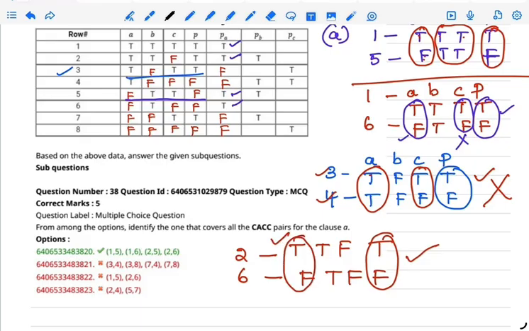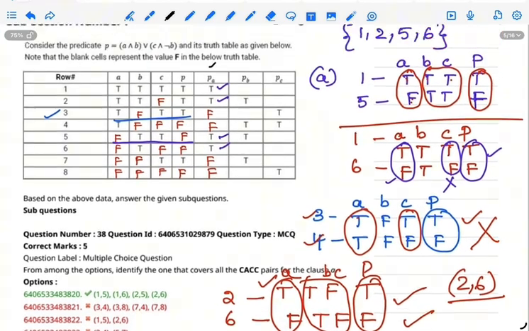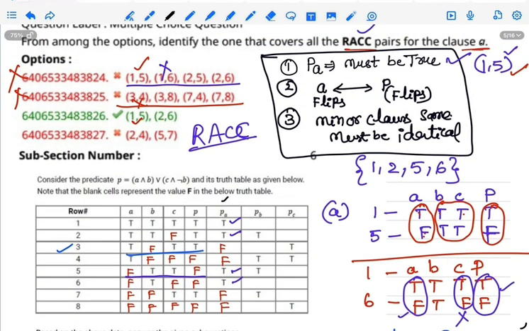Both minor clauses B and C are identical, right? So 2, 6 is a RACC pair. So RACC pairs are 1, 5 and 2, 6. This is the answer, friends.